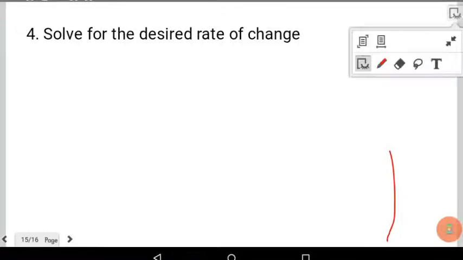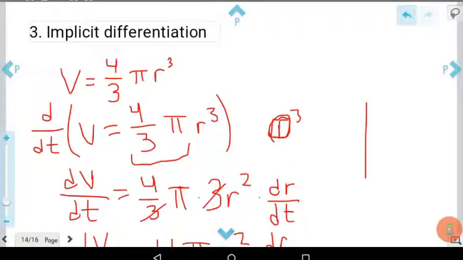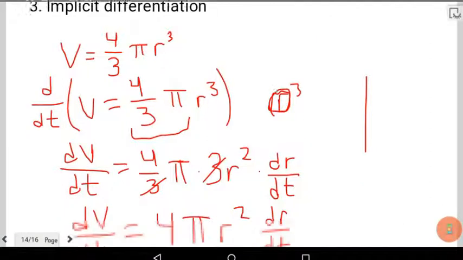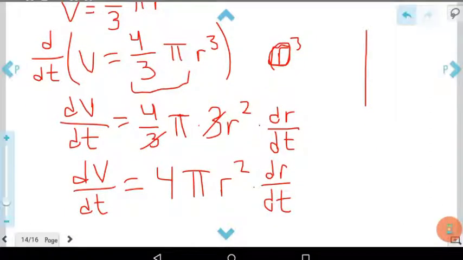So to do that, we'll just grab this equation that we just found a second ago.